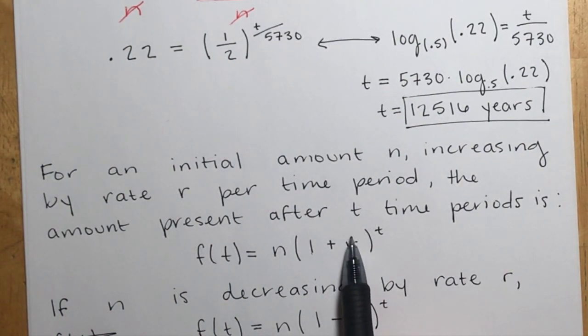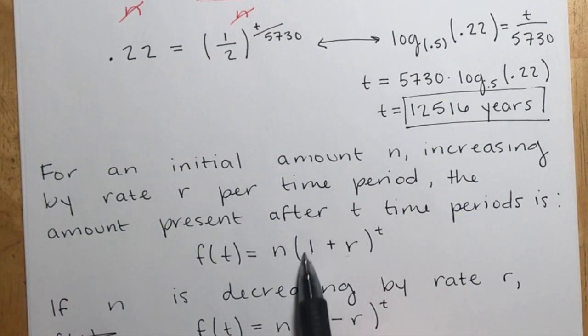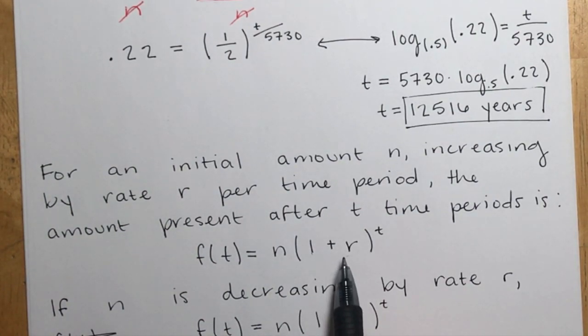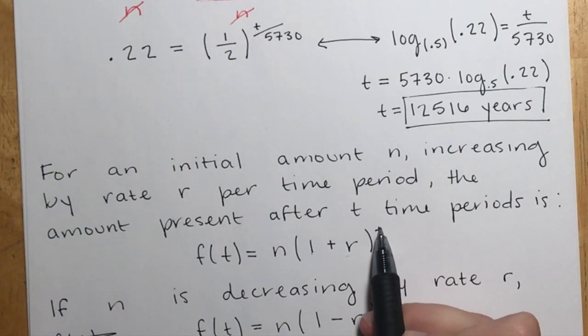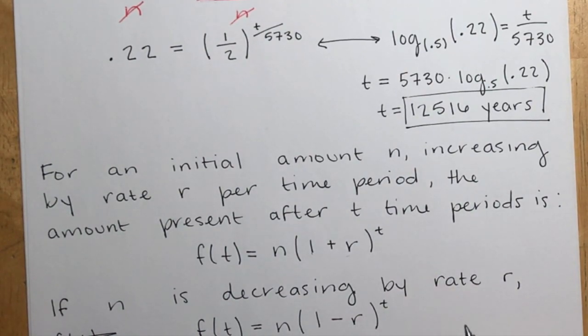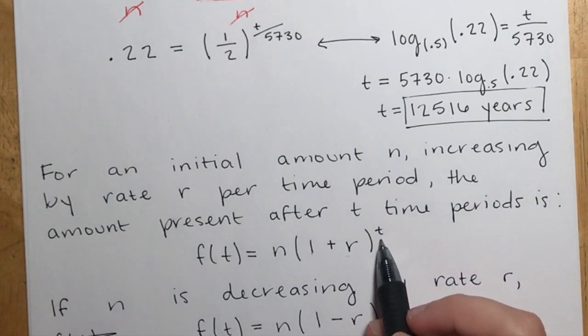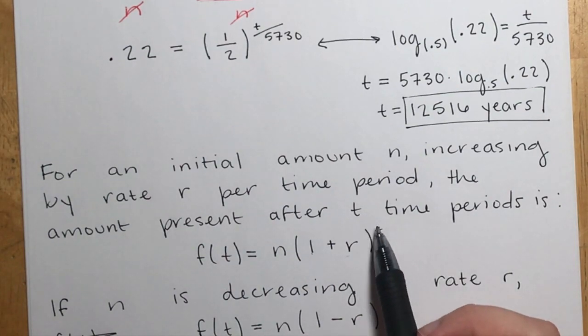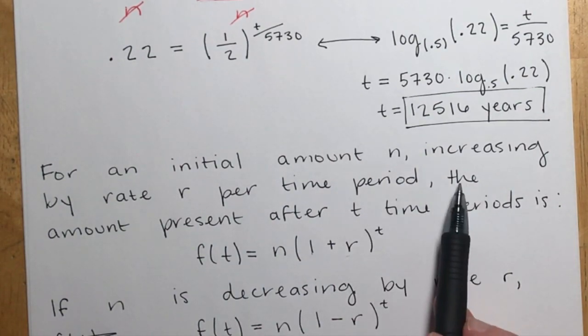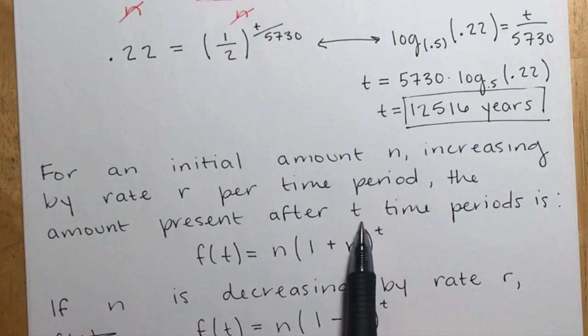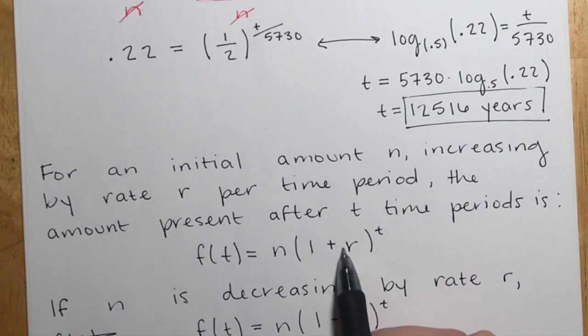So here r would be 1, so that the base of our exponent is 2. And then our exponent represents the number of times that we've grown by that much. We always were dividing the amount of time that's passed by the doubling time, so the number of times that we've doubled is what's in our exponent. Here, t, our exponent, represents the number of time periods that have gone by since we've grown this much.